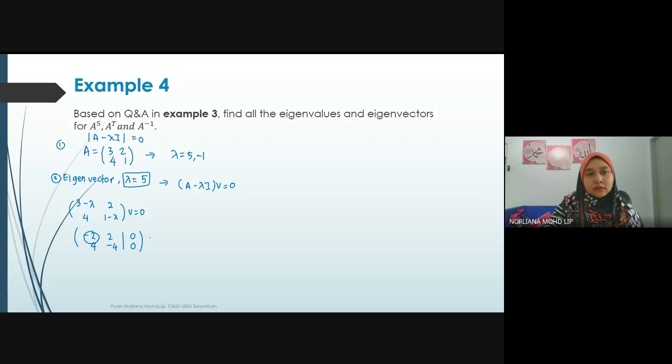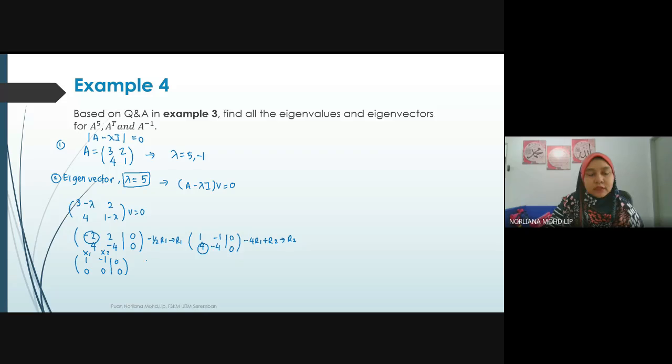Row reducing, we get 1, negative 1 over 2... Then solve this augmented matrix for x1 and x2.